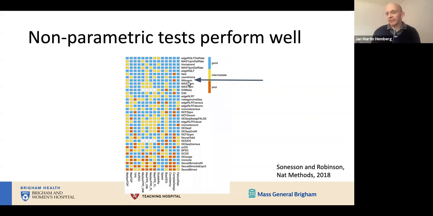This is a non-parametric test, so it's very easy to use and very robust, and it has really become the standard in the field these days, and that's what most people, including myself, would recommend you use for differential expression in single-cell RNA-seq data.